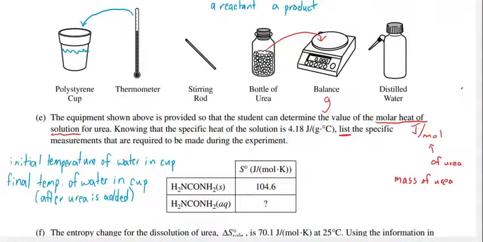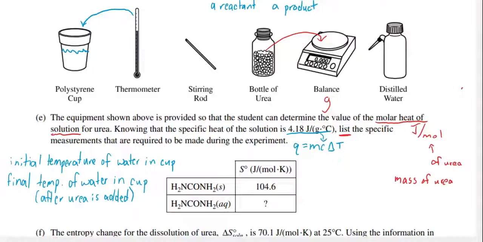Okay, now we want to know how much heat is absorbed or released. We're going to do that using this equation, Q equals mc delta T. We've already covered the delta T part, because we measure the initial and final temperature, so we can calculate the change in temperature. We already know the c, that's the specific heat.